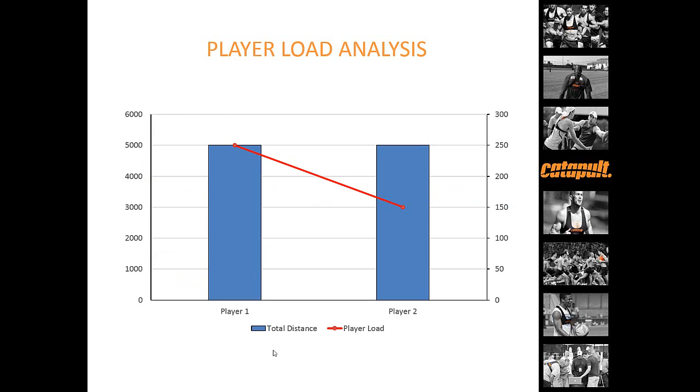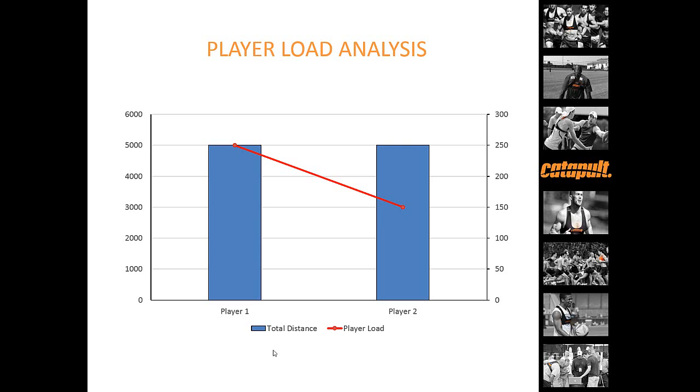So I use this example here to highlight what I've just mentioned, where we've got player 1 and player 2. Both players have covered the same amount of distance, so the same external work. However, when you look at the player load response, we can see here that player 1 has got a player load of 250, but player 2 is actually only 150.